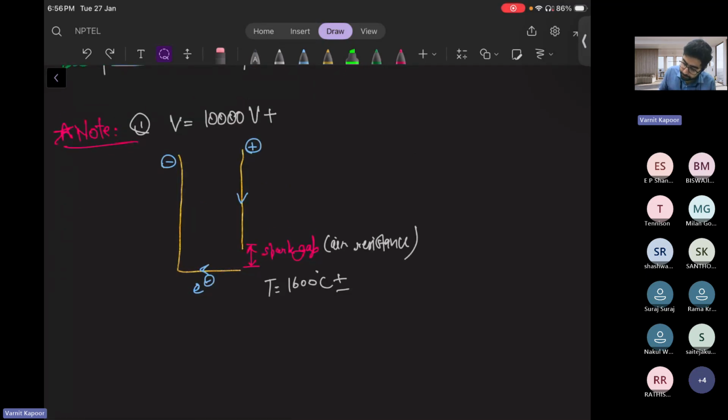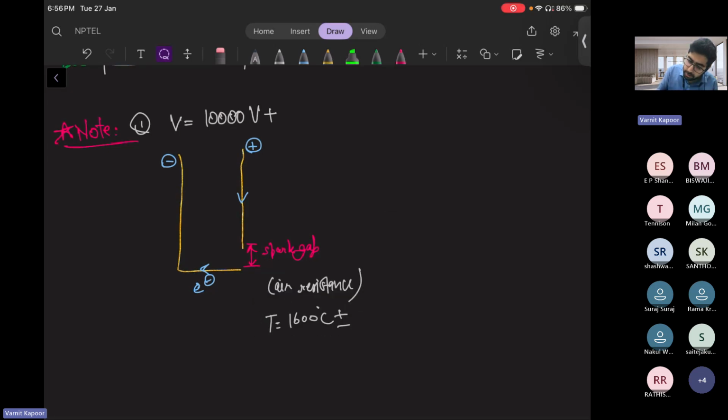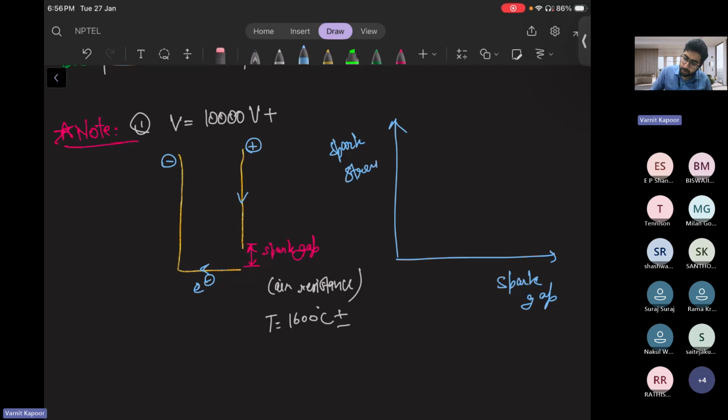let me write this here. If you plot spark gap on the x-axis against spark strength, up to a certain amount the spark strength increases with the spark gap.